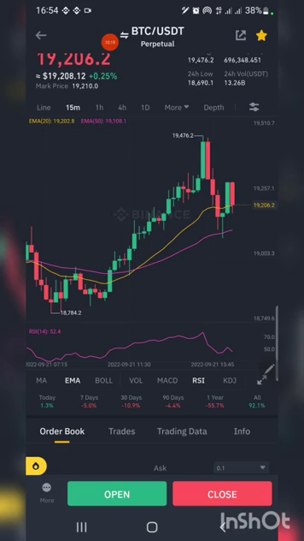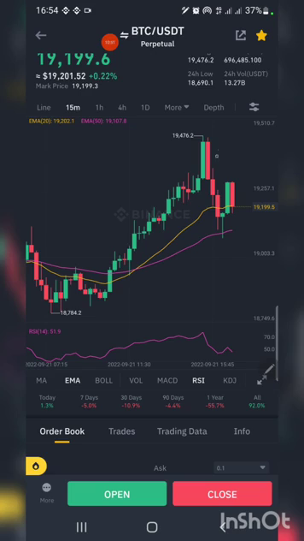So in summary, let me repeat again: support levels are levels where the price of an asset or a coin gets to and stops falling. At the moment it stopped falling, we couldn't see more selling orders. We could see more buying force, which could cause the trend to reverse.